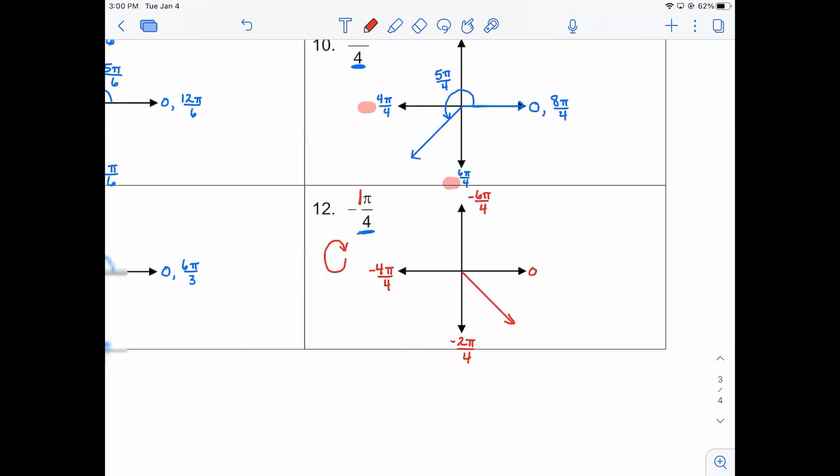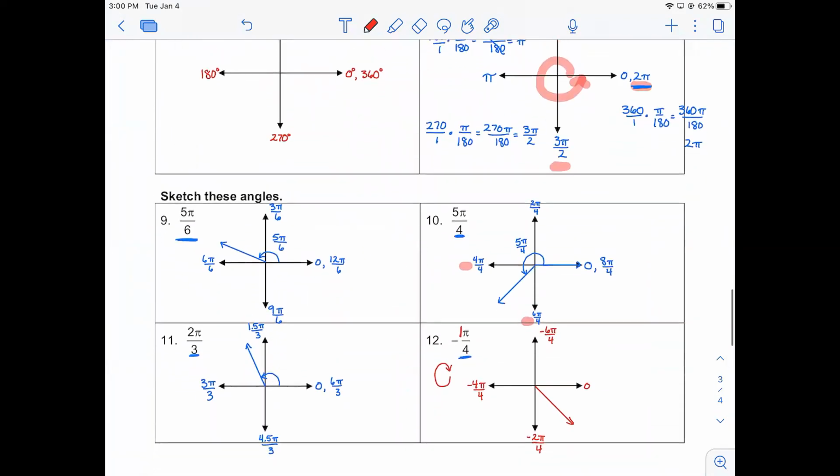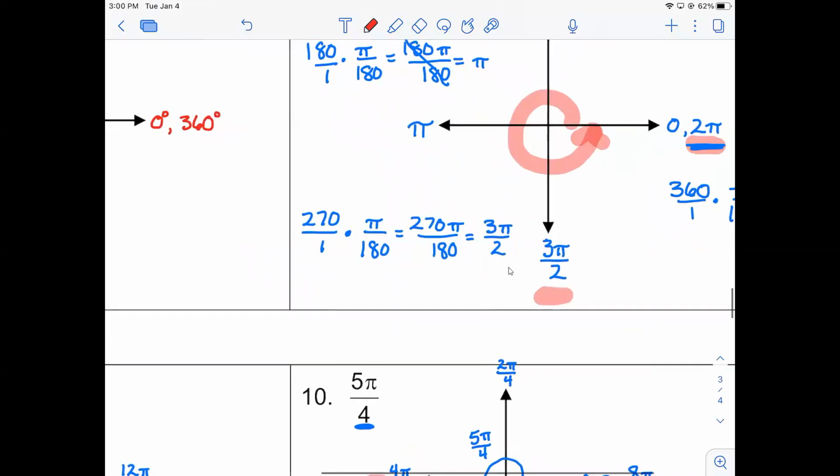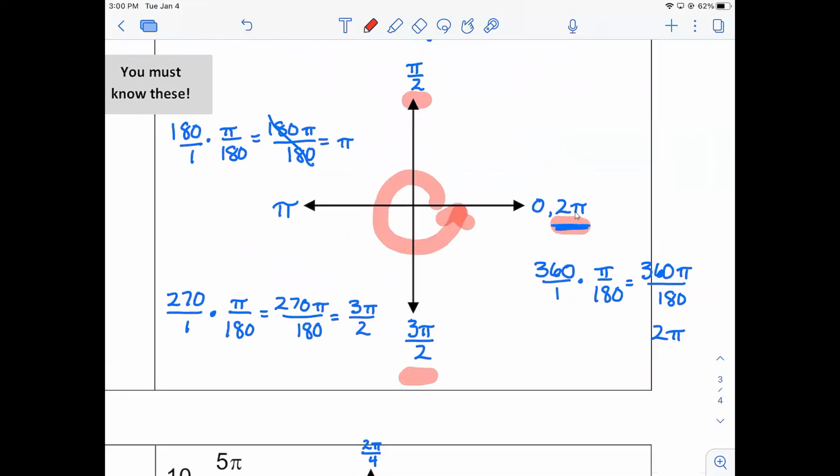Okay, and the last thing I want to talk about is a little bit more about what a radian is, and why we write it like this. So radian measures, this 0, 2 pi, pi over 2, pi, and 3 pi over 2, those are just decimals. Pi right here, remember that's the decimal 3.14159, and it goes on forever and ever.